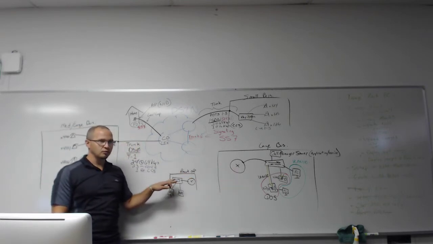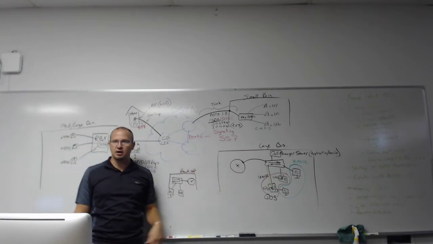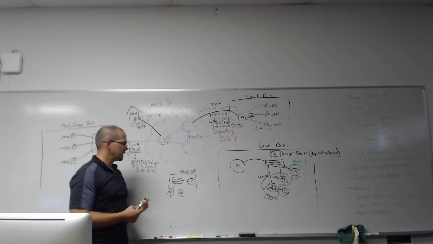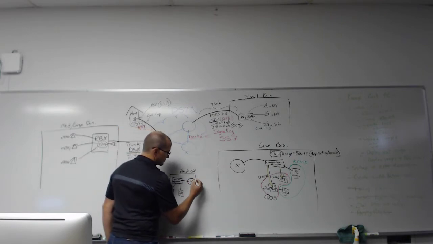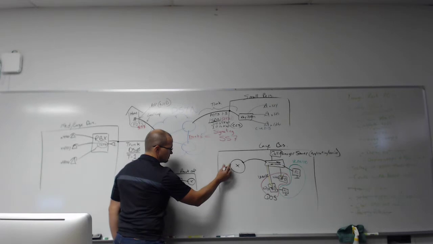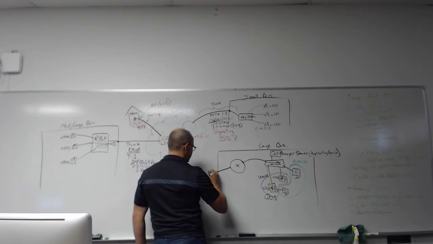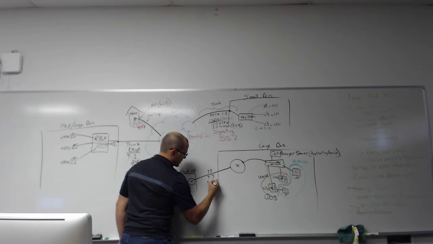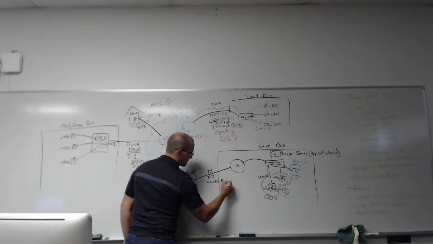Because what's the purpose of having a remote office? The remote office needs to access the files and the servers at the main office to get customer information or whatever they want to see for their data. So we have some sort of connection between the two. And this is sometimes a T1, sometimes a T3, or this could be a wireless bridge.